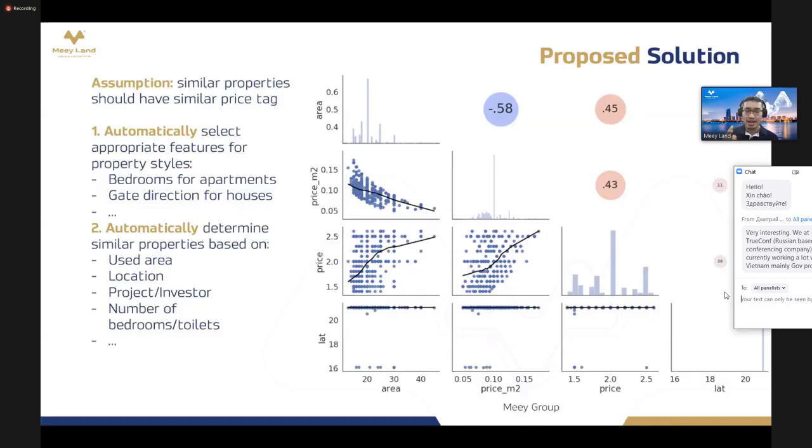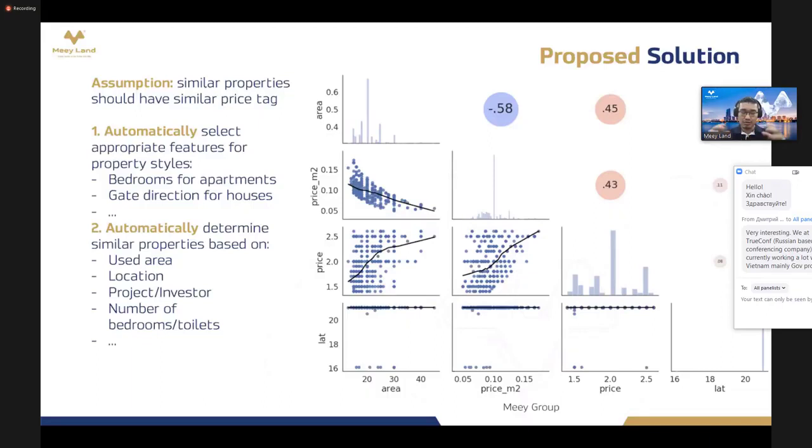That's the first thing. And the second thing is that after determining good features, it can automatically group similar properties together. So let's say you want to estimate the price of a property, and you give information like the location is in Hanoi, the area is 50 square meters, it has 4 floors, something like that.